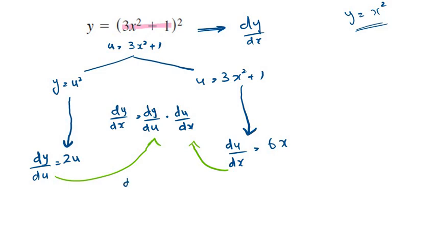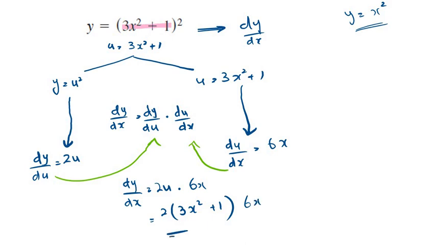So dy over dx is equal to, substituting, 2u times 6x. We'll then also replace u by the expression in x. We know u is 3x squared plus 1, so it is 2 times (3x squared plus 1) times 6x.